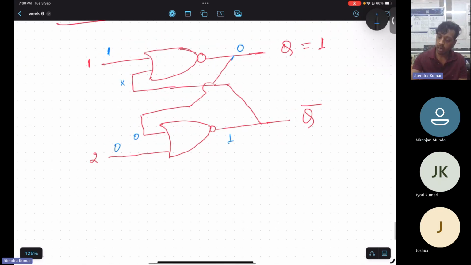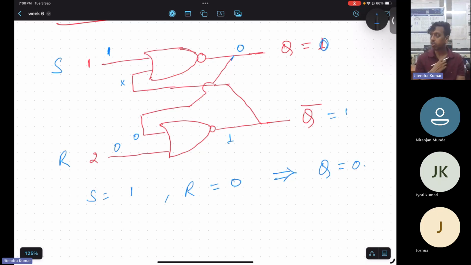So your Q bar is equal to 1 in this case. So S is equal to 1, this we are calling S, this we are calling R, and R is equal to 0 will not lead to Q equal to 1. It is going to provide Q equal to 0. So here Q is 0. So that will not be the correct option, isn't it?